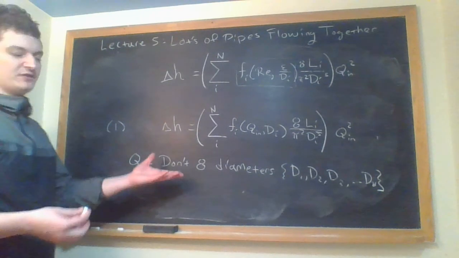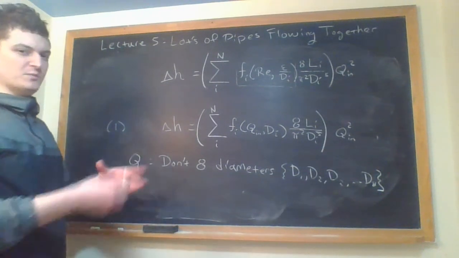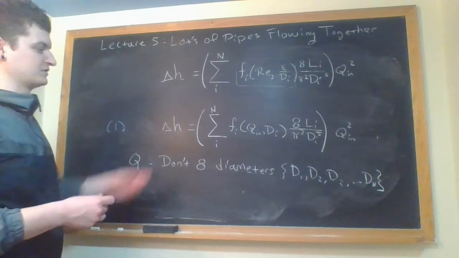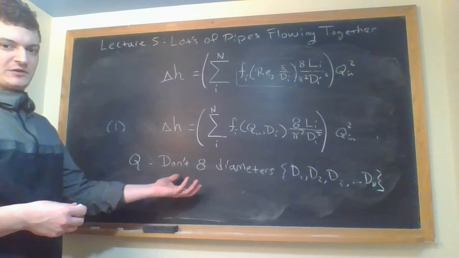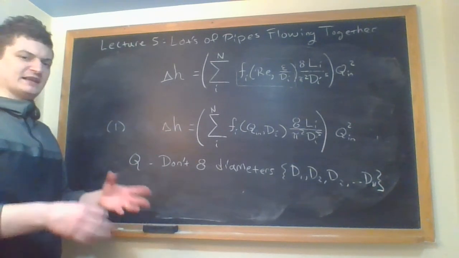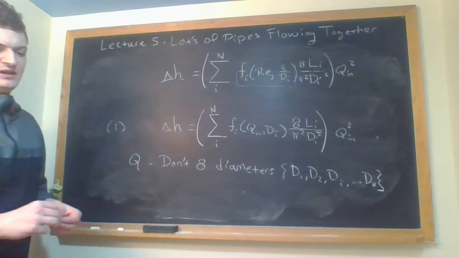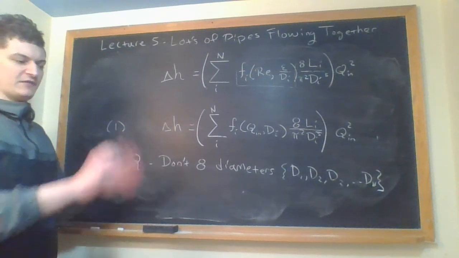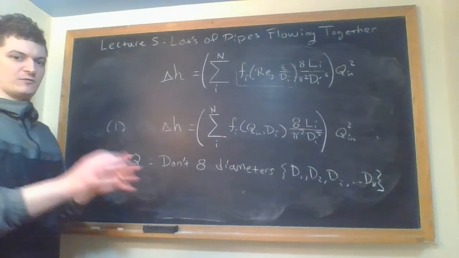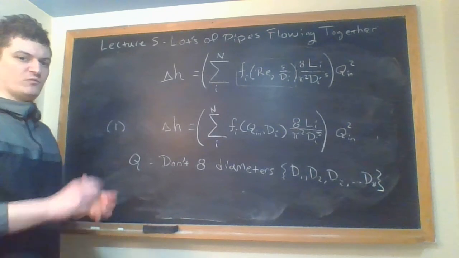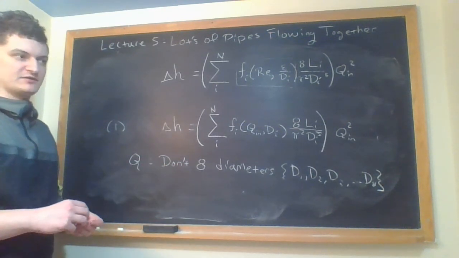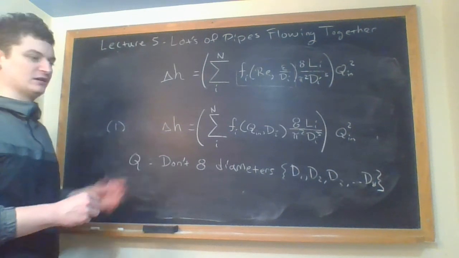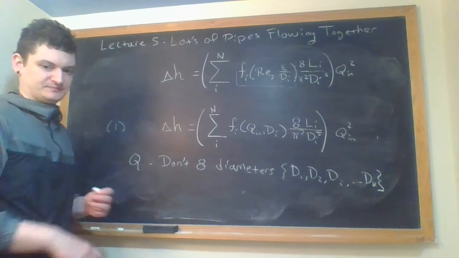But that happens a lot when people are trying to do hand calculations for these things. They'll try to use this one equation to somehow figure out what these 8 diameters are. So I just wanted to make that clear. I've seen that a lot. It's this idea of understanding that you have one equation, meaning you can only solve for one unknown. If you want more unknowns, that's where putting test diameters in there to try and come up with an equality for something like this comes in.